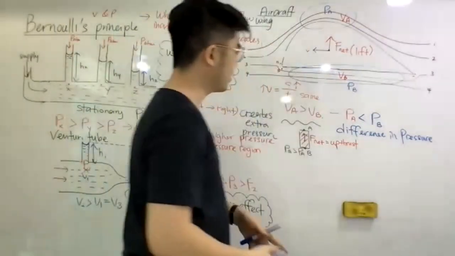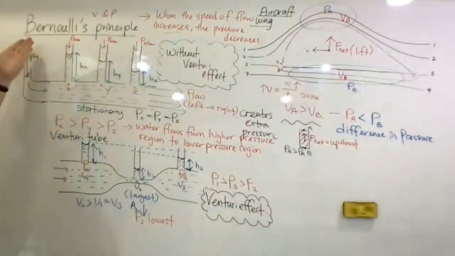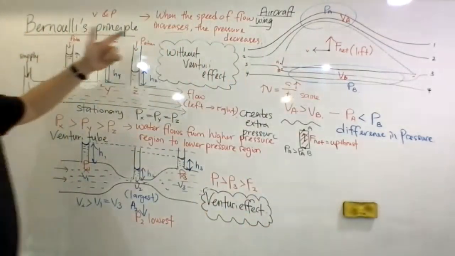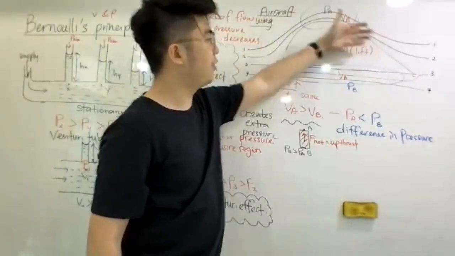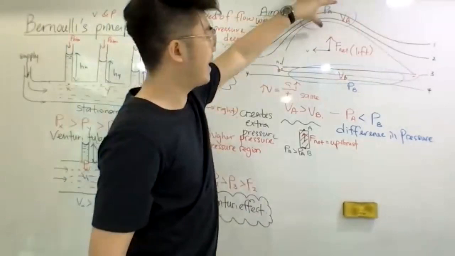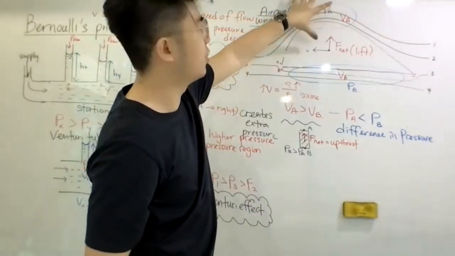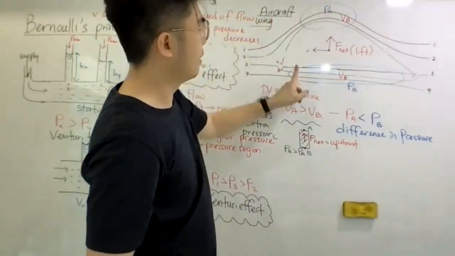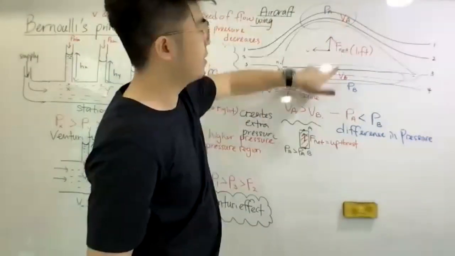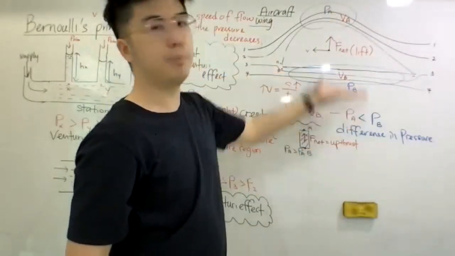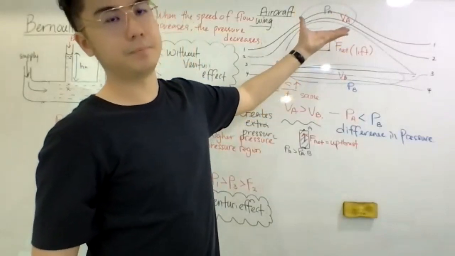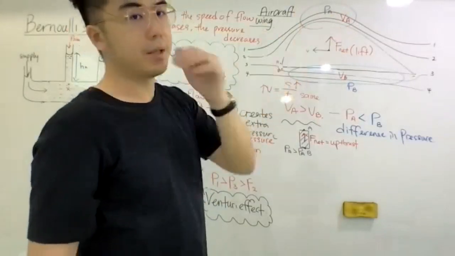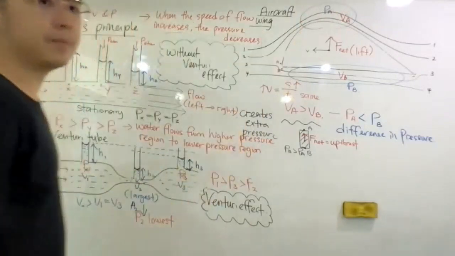Based on what principle is this? Based on Bernoulli's principle. Bernoulli's principle says that when the speed of flow of water or air increases, the pressure in that region will decrease. So pressure here decreases, pressure here is higher, and it will push up here. So a net force will lift up the entire thing. Okay, so it's the same effect we see.